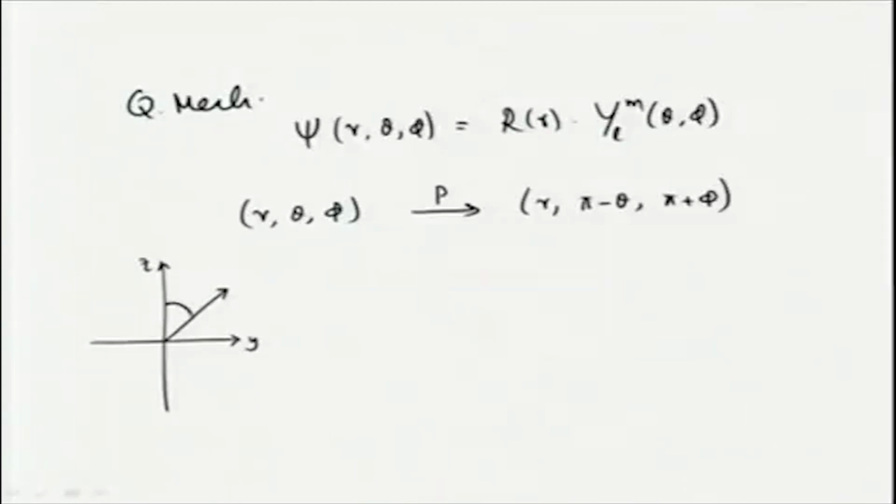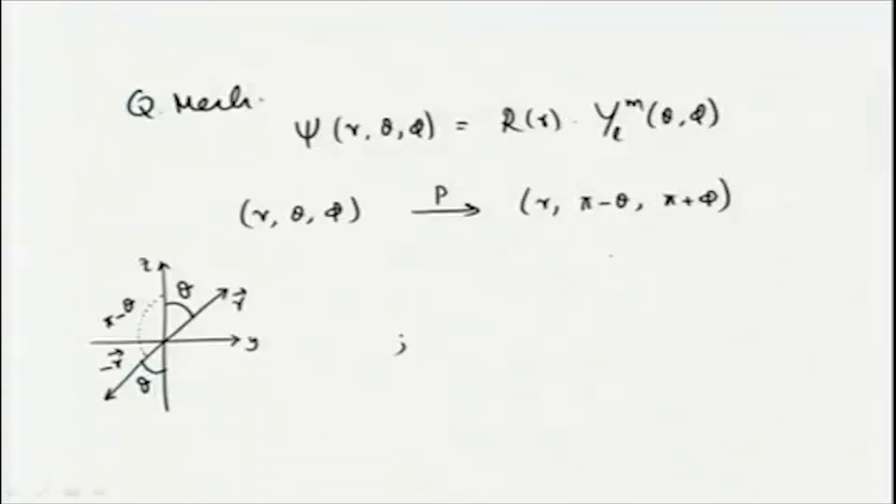This is your theta, the polar angle, and under parity it will go to minus r, and this angle is now theta. And what is the polar angle of minus r? It is the angle measured from the z axis, which is pi minus theta. So, under parity theta goes to pi minus theta.